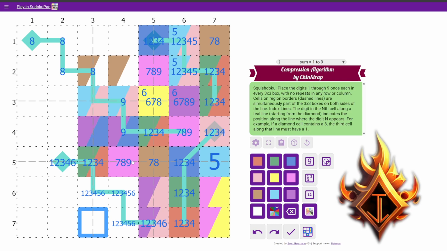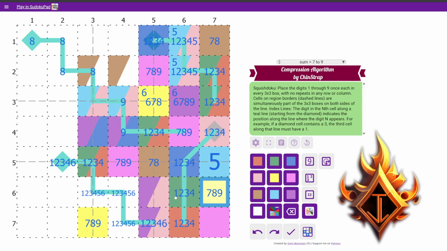It cannot be bright pink, so it has to be yellow, doesn't it? 1, 2, 3. Yeah, there's only 4 of them. Yeah. There we go. That is pink. That is yellow. And now yellow cannot be 6 either. It is 7, 8, 9.